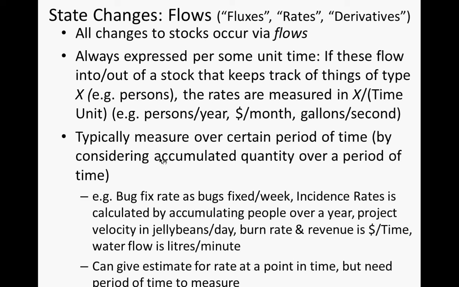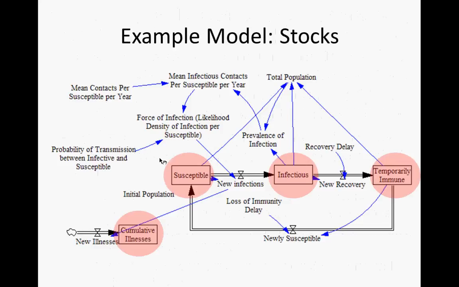Right? So if the stock is changing on the basis of these flows, number of susceptible people, if we think about the number of new infections, this will be some people per unit time if susceptible is measured in people. The stock is going to be the integral of that flow over time, it turns out, in this case, minus the flow out over time.